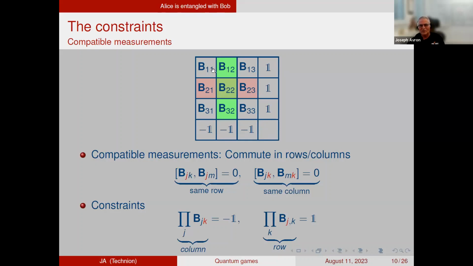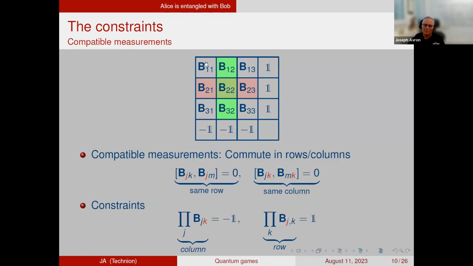Now, in addition, we will need these observables to have the following property. We want Alice to be able to measure the 3 observables in a row, which means that we need B11 to commute with B12 and to commute with B13, so that the product would be +1, etc. And similarly for the second row and for the third row.